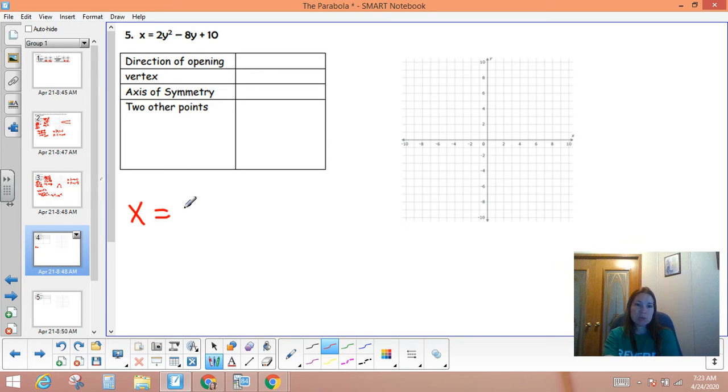All right, so we are going to handle things slightly different in one aspect, so make sure you're listening. We're going to take these two y's and factor out the 2. And put a plus blank to complete the square. We're just sliding the 10 over because I need them to stay on this side.